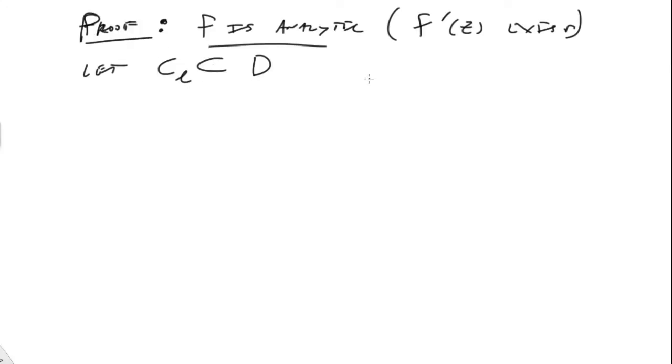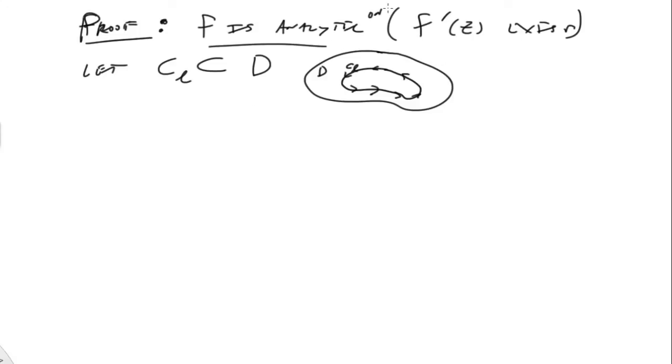So what we're going to say then is that we have our set D, and f is analytic on the whole thing, and here's our CL. All right, so we can restrict just to the area around CL, and there's our closed path going around. Okay, all right. So I should say on D.